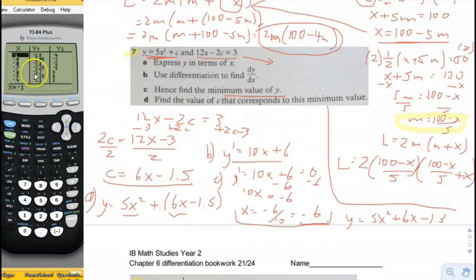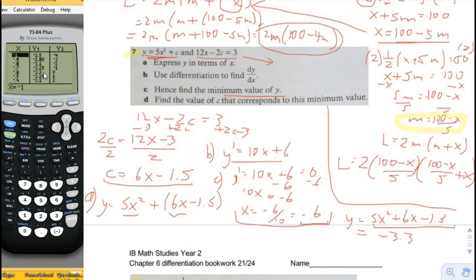Okay? And then at negative 0.6, what's the y value? It's negative 3.3. So instead of substituting x equals negative 0.6 into this equation, we can just look at the calculator, and it's going to be negative 3.3.